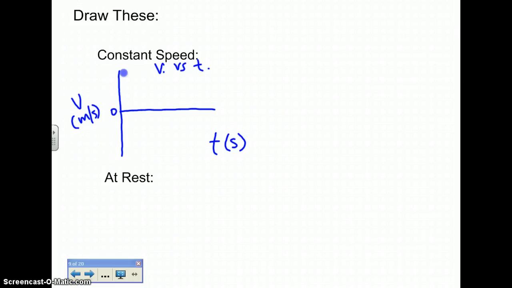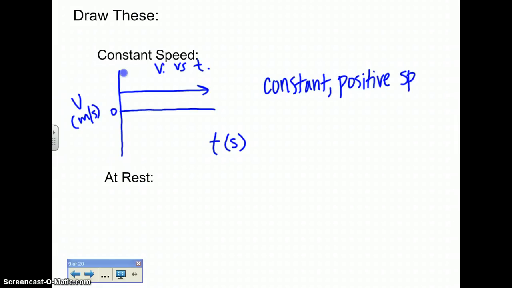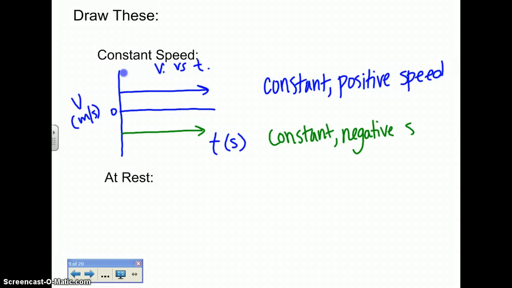Okay, so if you're moving at a constant speed and I would draw this in, really what you guys should write down is that you moved at a constant positive speed. Whereas if we drew this in, that's what you would see.